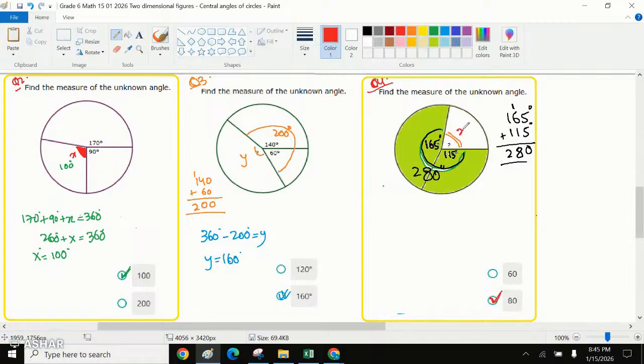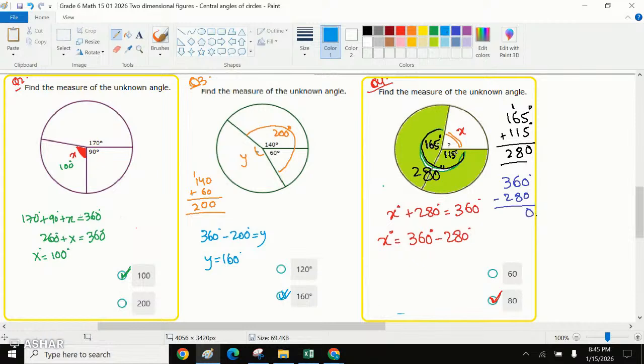And this angle was x, right? So we can write x plus 280 degrees should be equal to 360 degrees. So we can say x is 360 minus 280. When we subtract 360 minus 280, 0 minus 0 is possible.